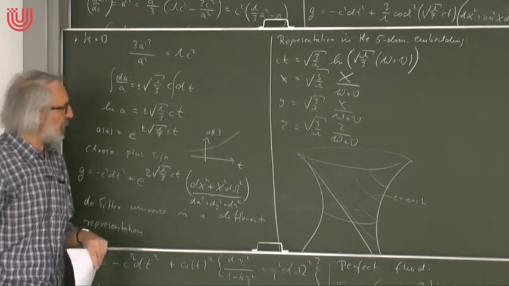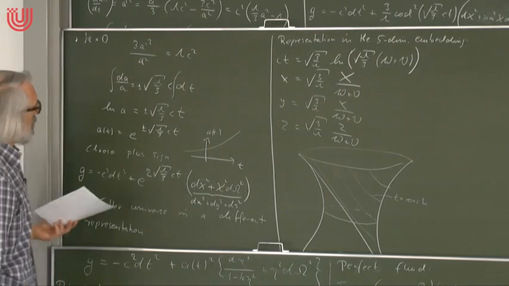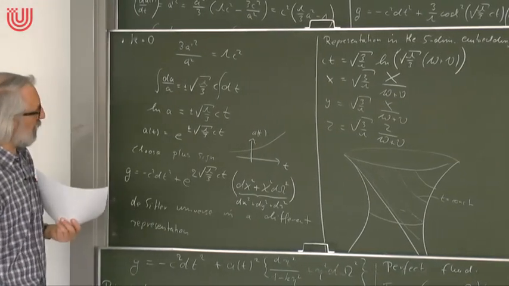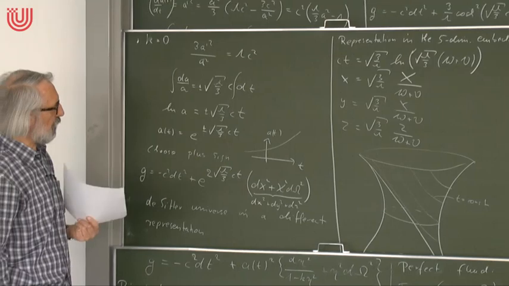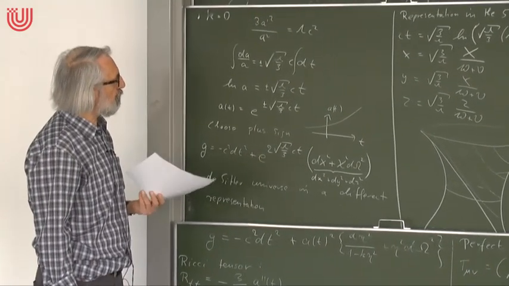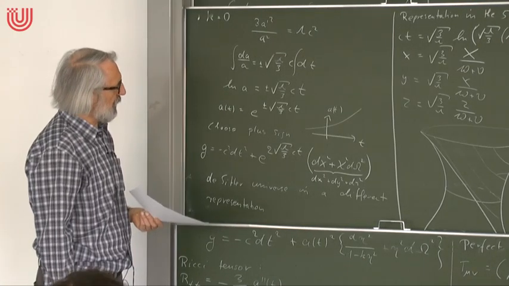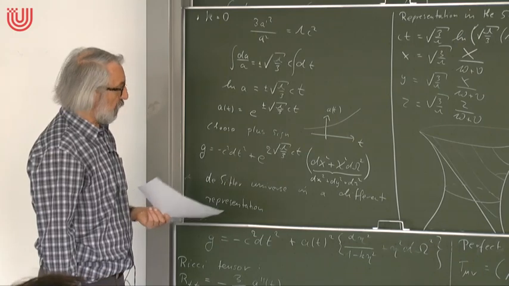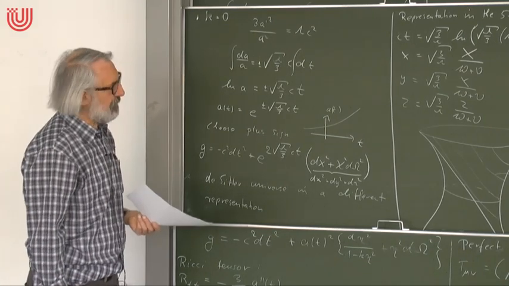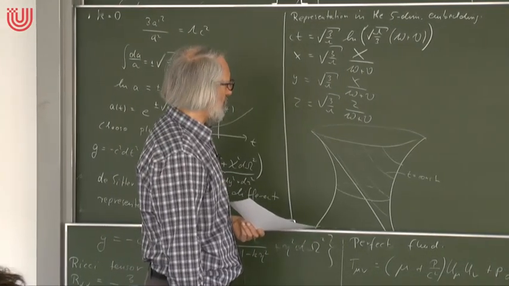And this was what was suggested by the steady state model in the 1950s or even late 40s. And for this reason, the de Sitter universe is also related to this idea of a steady state universe. And as I said, it's closely related to dark energy and also to inflation. So that's the second representation of de Sitter space we have.